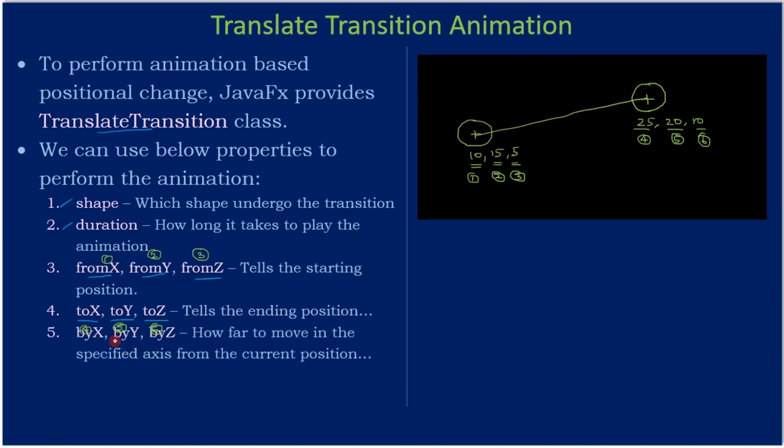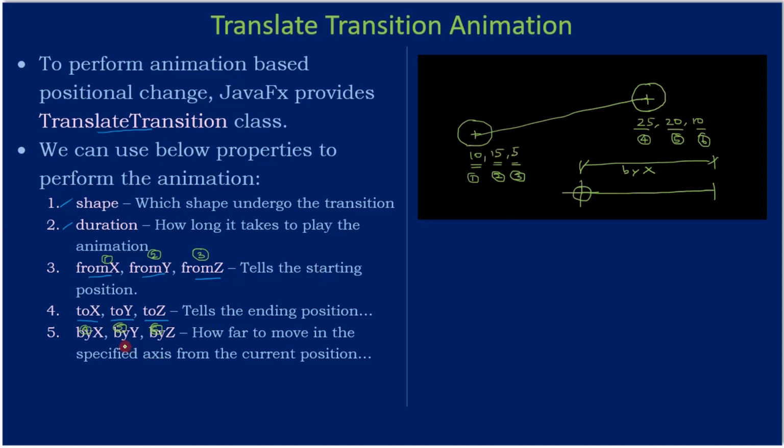So we can also specify by X, by Y, and by Z. So this will tell that from initial location, let's state that this is the circle's initial location. From here, say for example, let us take only X, and if we take only X, this is what called by X. So how much amount we want to move, that also we can specify.